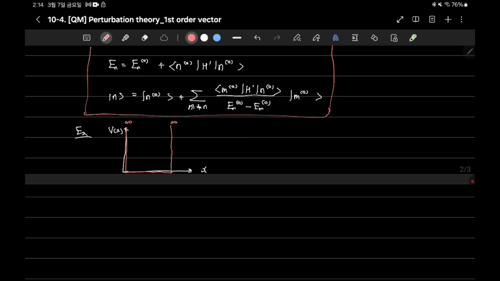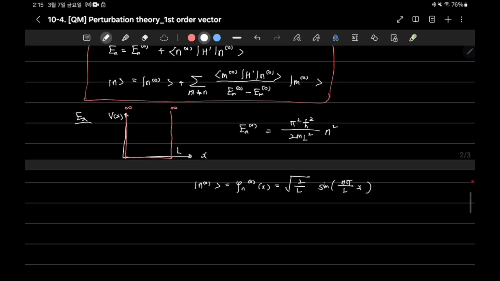It is an infinite square well, and the well width is L. Then we know that in this case the energy eigenvalue is pi square h bar square over 2m L square n square, and also the energy eigenfunction is sine n pi over L x. Then here it is ground state.